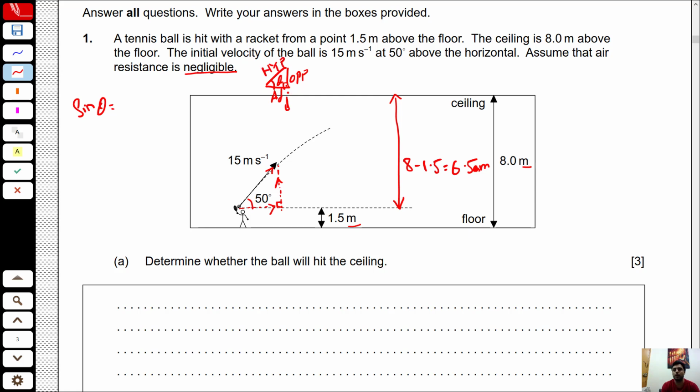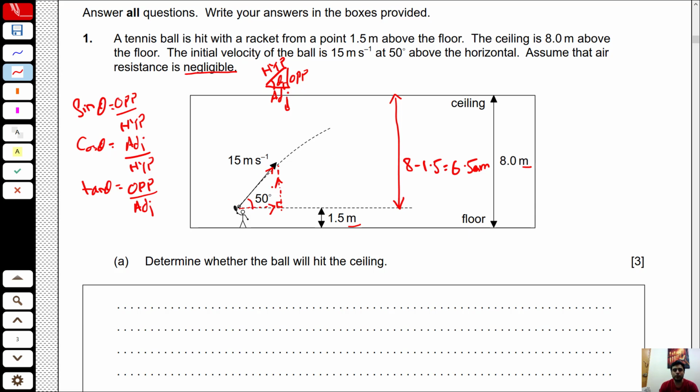So sine theta is opposite over hypotenuse, and cos theta is adjacent over hypotenuse, right? And then you also have tan theta, which is opposite over adjacent. These are the three SOH CAH TOA rules of a right angle triangle that you should remember.